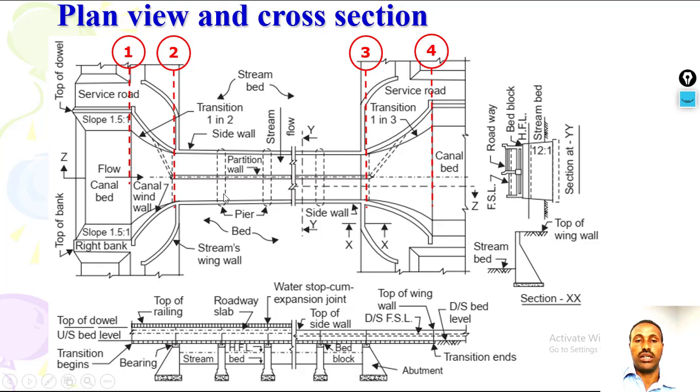Then you have the canal and drainage below. So section 1, section 2, section 3, section 4. This is the canal alignment with 2 compartments you can construct, and wing walls, and road slab and bridge, etc. Roadway slab, and you have a water stop, again important, water stop or expansion joint. So this is a general plan view and cross section.